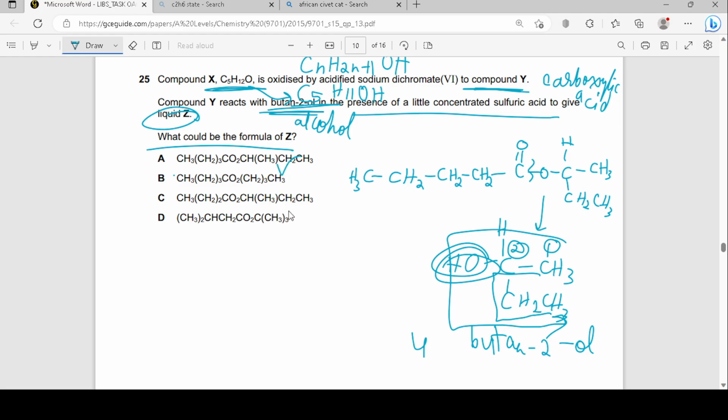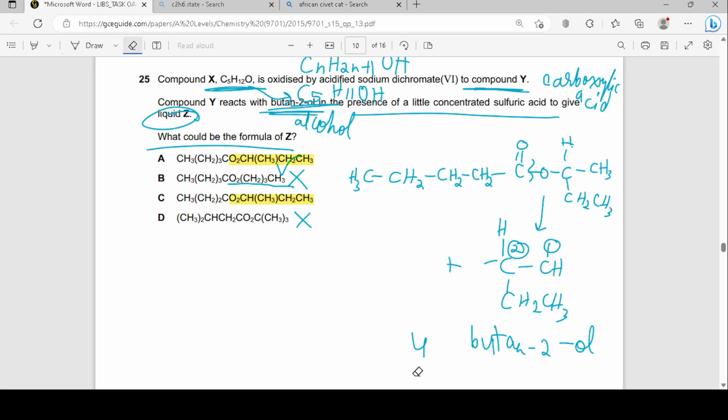So probably that means that B is not right because B is different from this, right? So let me just highlight it. This is also here in C. So I would say either the answer is A or C. Now you can draw out the alcohol for B and D as well and check it out yourself if you want.